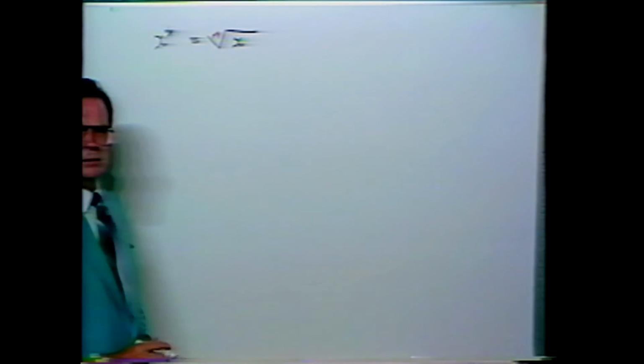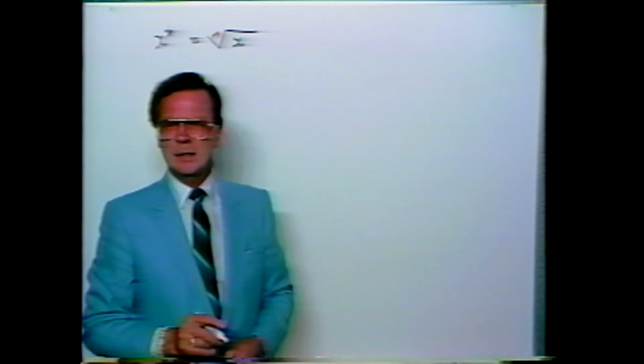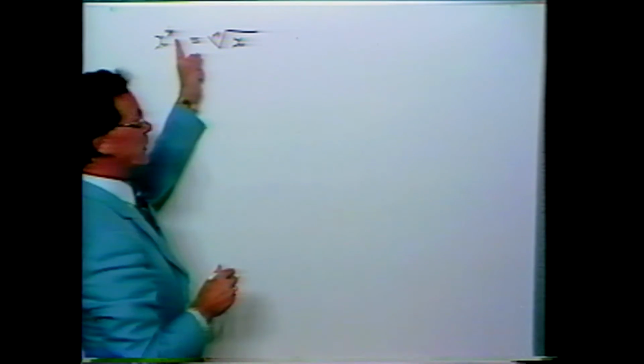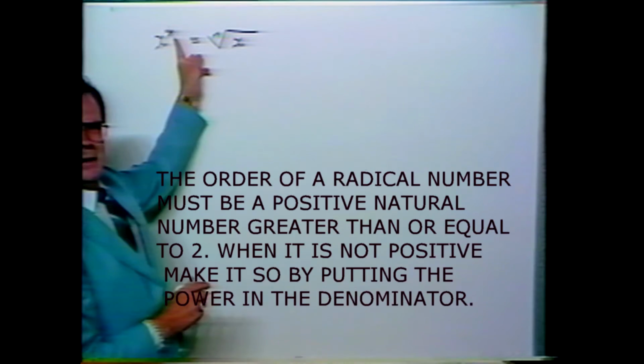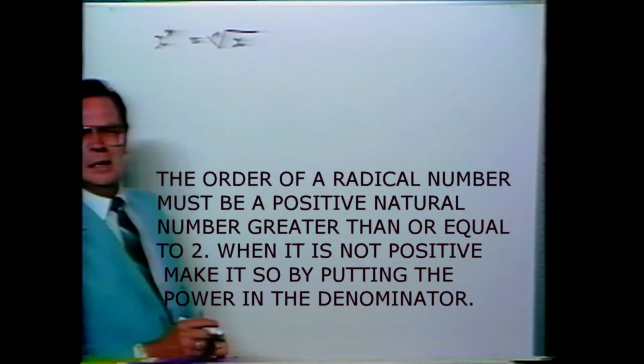And so on. Even more generally, x to the fraction 1 over n is equal to the nth root of x, where n in this case is the denominator of the fractional exponent, and n is strictly a natural number.